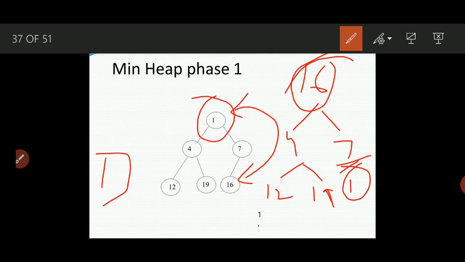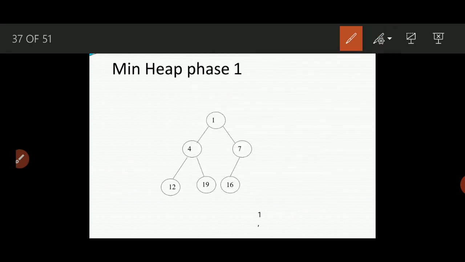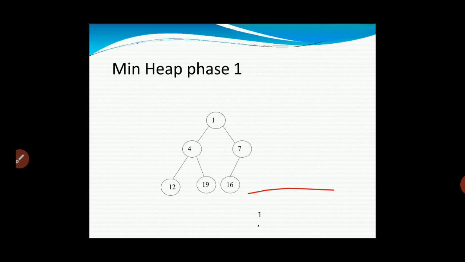Then 1 is stored in an array. Then cut it here, and then again min heapify here. The same procedure is followed.